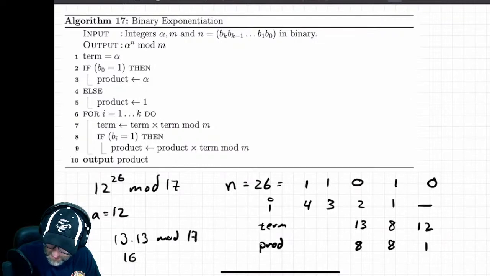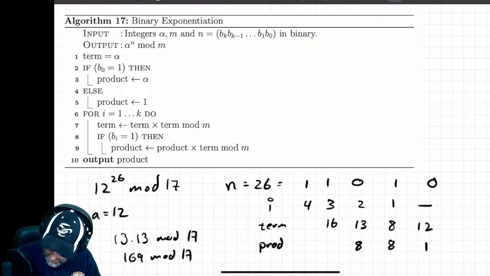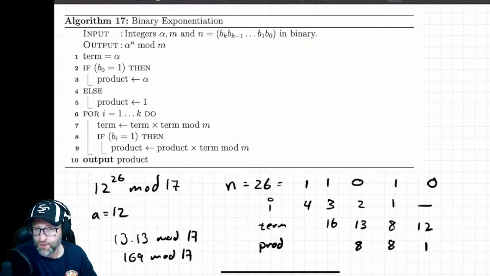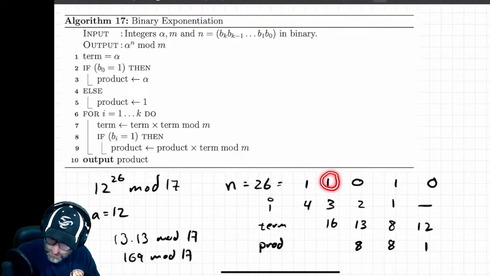That's 169 mod 17, which I believe is going to have a remainder of 16. Yep, good. I just counted backwards. 170 would be the next multiple of 17, and so it would only go into it 9 times with a remainder of 16. The bit string here does have a 1, so we end up being true on line 8, and we multiply through.